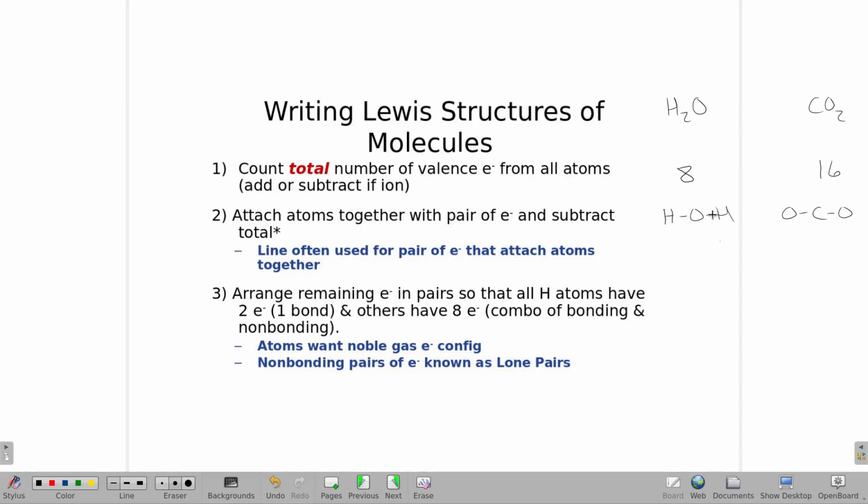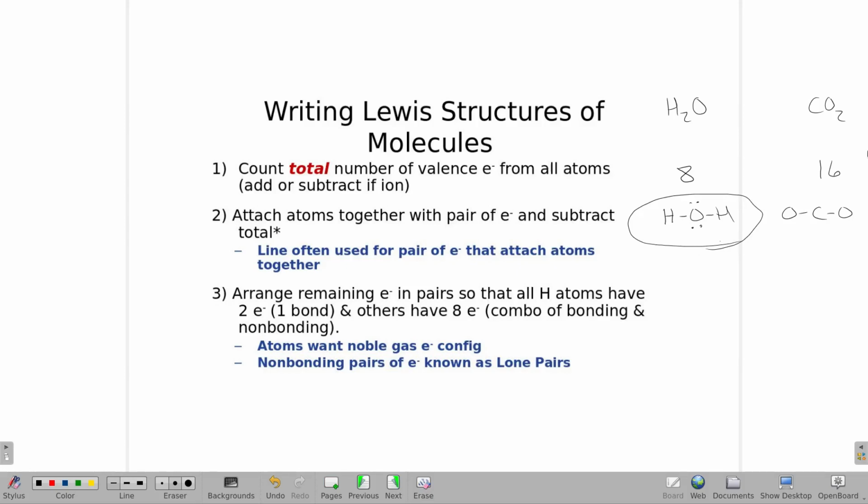So those 4 electrons have taken up 4 of these, so I just need to put 4 more electrons on there, and if I put those on the oxygen, I have 8 electrons on the oxygen, and that fits this rule. And that's actually what we're going to do for our correct answer. So, 2 electrons around each of those hydrogens, and 8 around the oxygen.